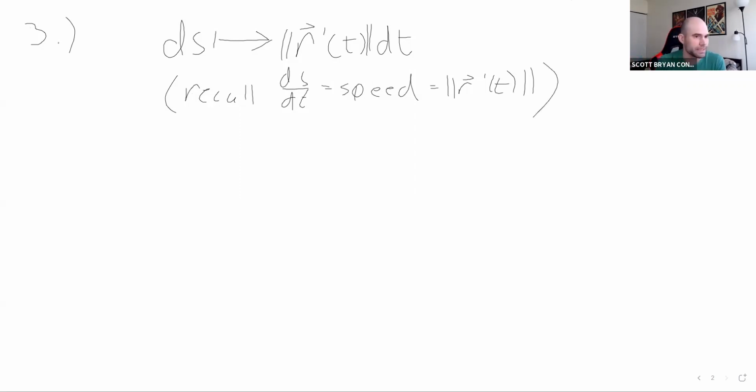So just think of multiplying by dt. So ds is magnitude r prime t dt. And then we put it all together, integrate from a to b.